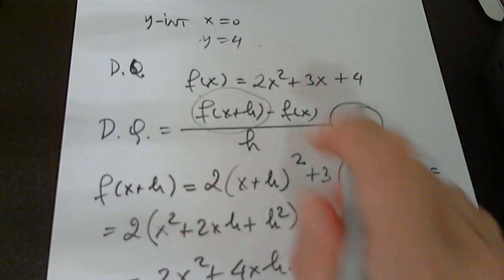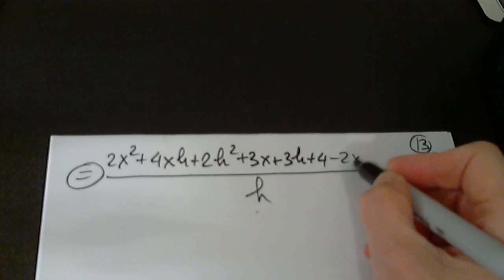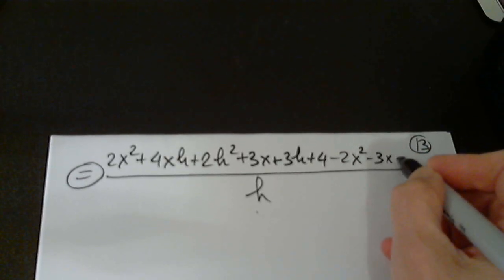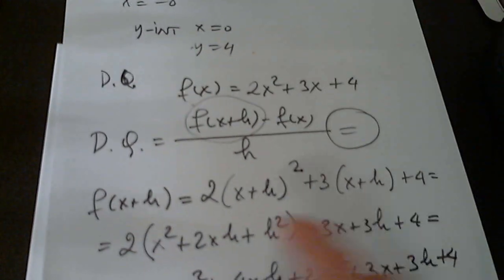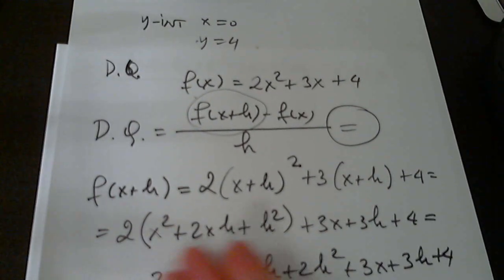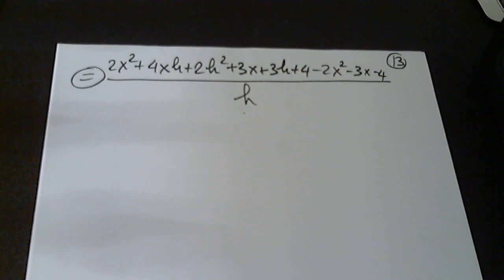And now careful. Minus, minus, minus. Minus 2x squared minus 3x minus 4. Now, if you have here instead of 2, if you have negative 2, then you have to distribute negative 2. But we had 2. Good.